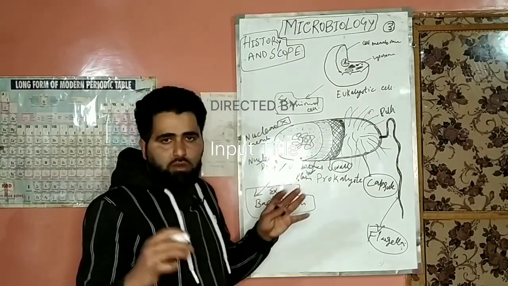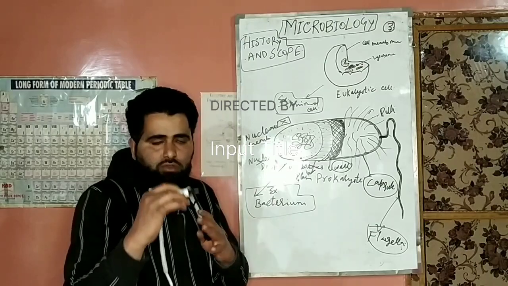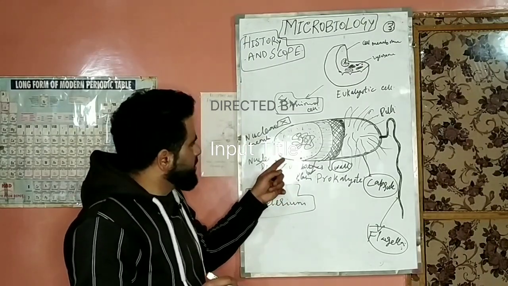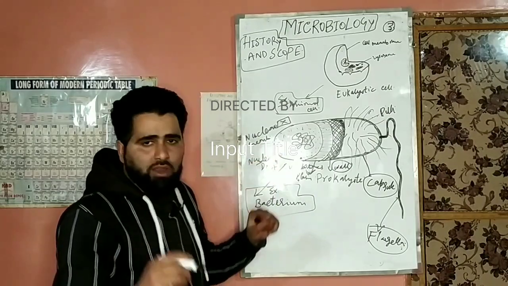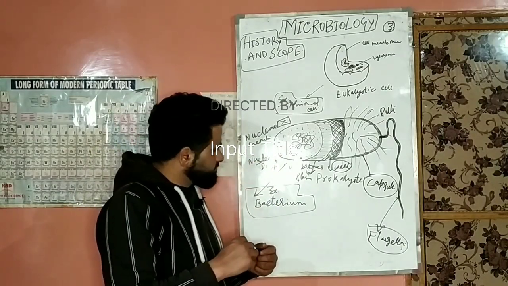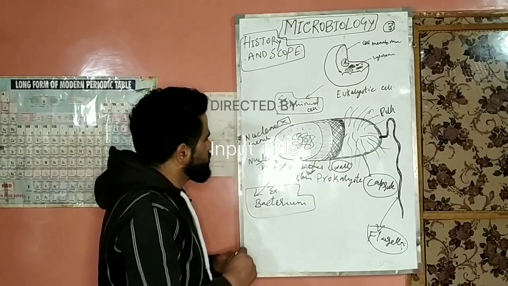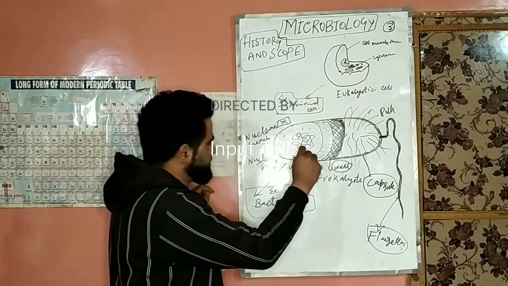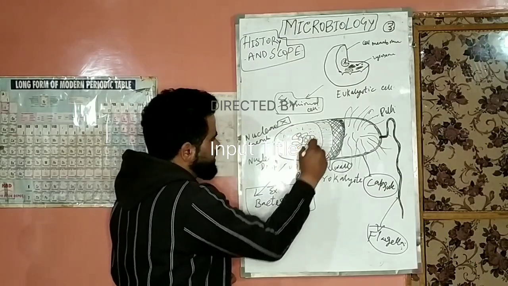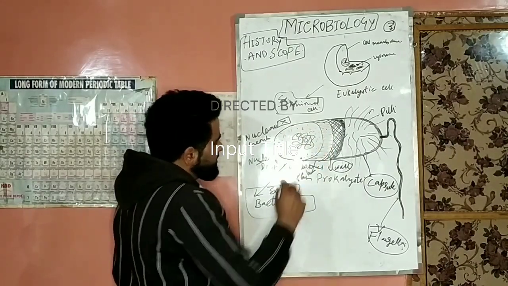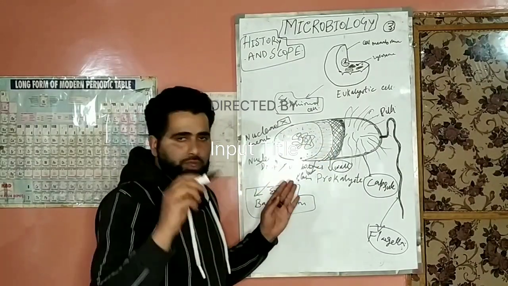Eukaryotic ribosomes are much more complex and comparatively larger. But in prokaryotes, ribosomes are there but smaller and spherical in shape. So this is the genetic material, the DNA, this is the nucleoid, this is the cytoplasm, and these are the ribosomes. So this is somewhat about the prokaryotic cell.